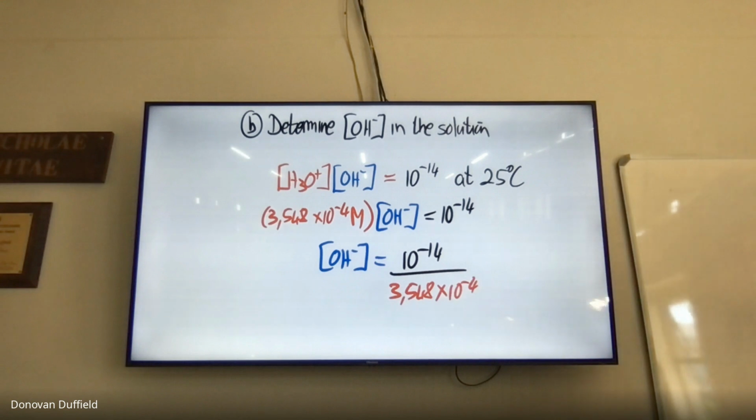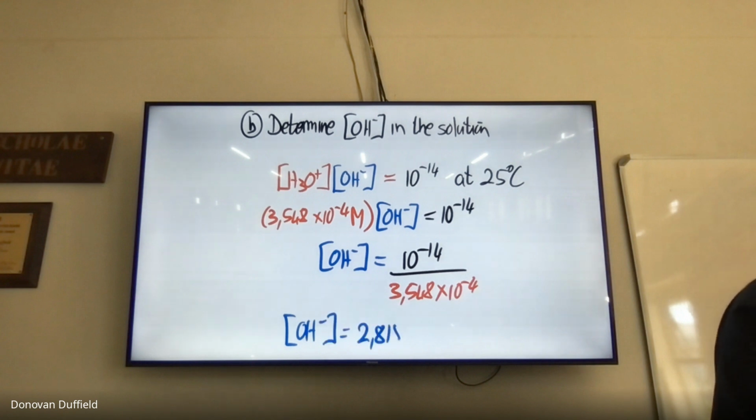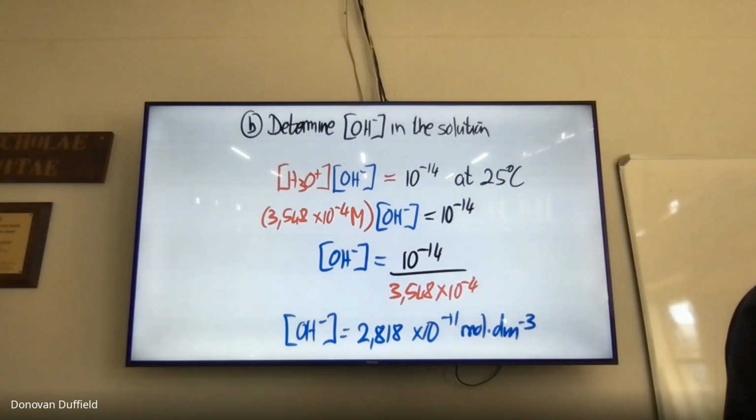Well, the hydroxide ion concentration is 2.818 times 10 to the negative 11 mole per cubic decimeter.